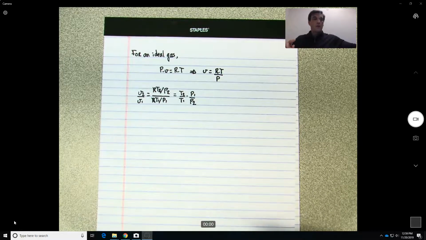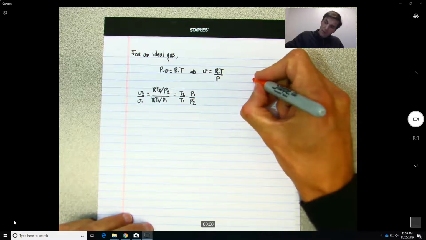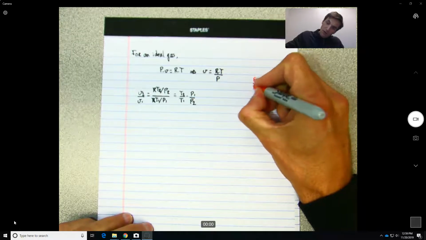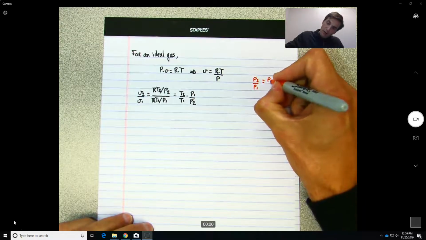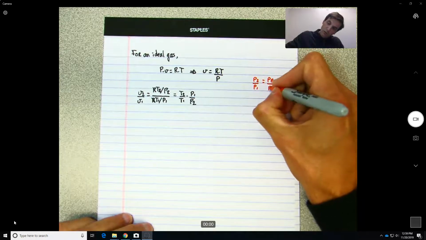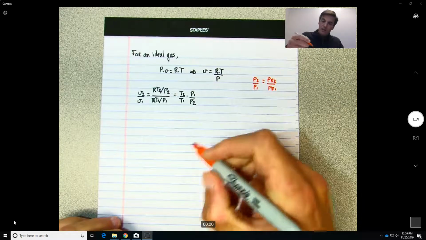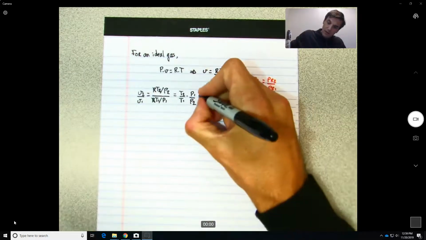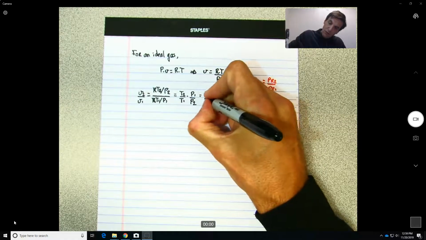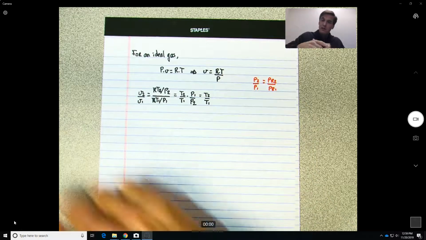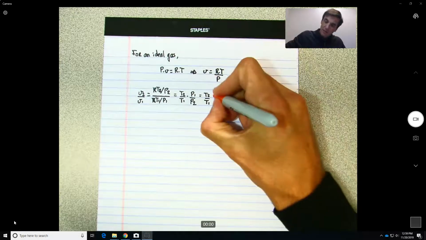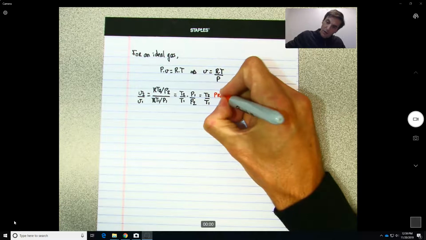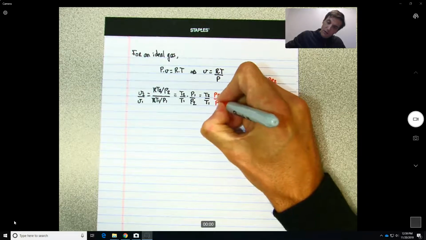Recalling the previous equation, P2 over P1 equal PR2 over PR1, I can rewrite this as T2 over T1 times PR1 over PR2.